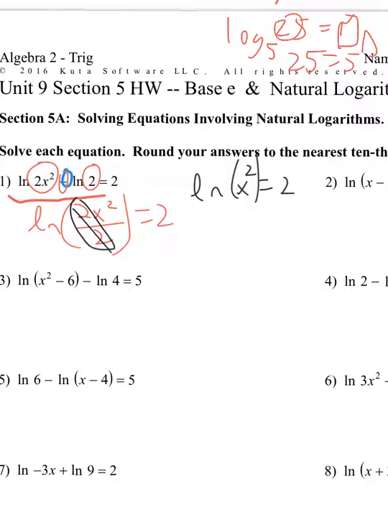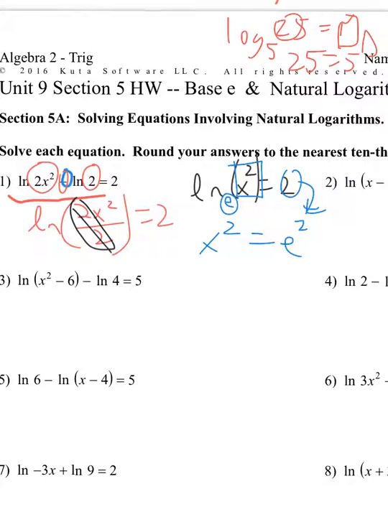Well, now we got to think of this as it's a natural log, so that means this is base E. So we're going to basically write this in exponential form. We're going to say, well, that has to equal the base, which is E, to this power. So that's going to go up here and become the exponent on E squared.